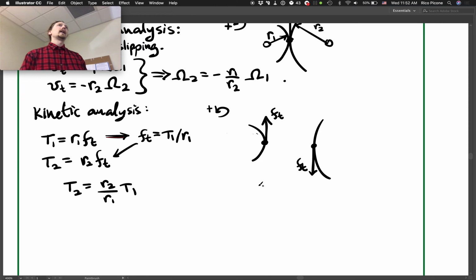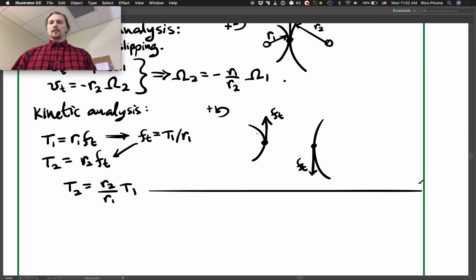So we've related the torques between the two gears. This was our second relationship, the through variable relationship. This is the across variable relationship.